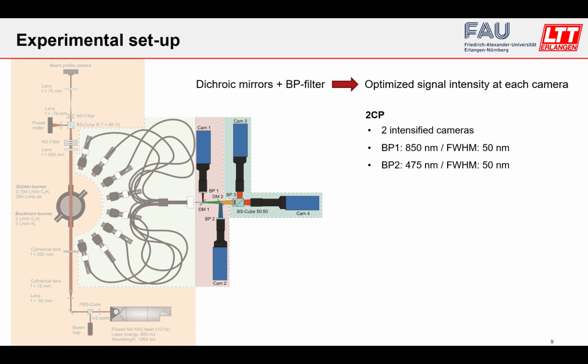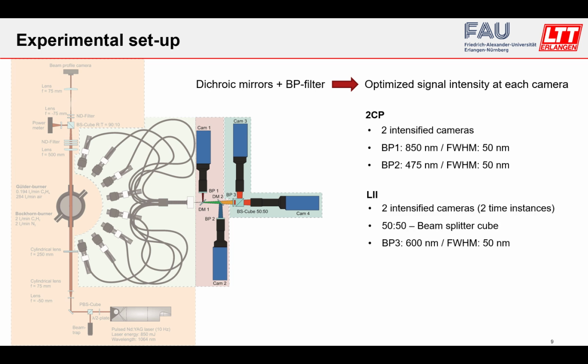We used bandpass filters of 850 nanometers and 475 nanometers on those cameras. For the LII cameras, which capture the signal decay at 2 time instances, we used a 600 nanometer bandpass filter. They share this bandpass filter because it is placed in front of the beam splitter cube.